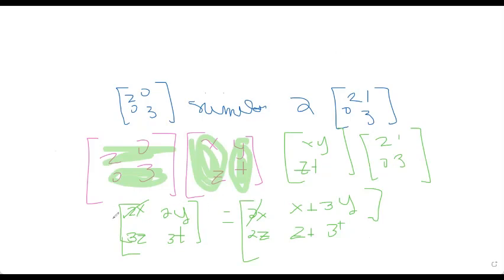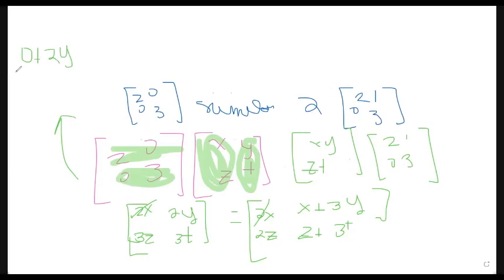No, I think that might be correct. Okay, so these two cancel out. Then you have 0x plus 2y minus x plus 3y. So it's going to give you negative x, negative y. So you end up with 0, negative x, negative y.